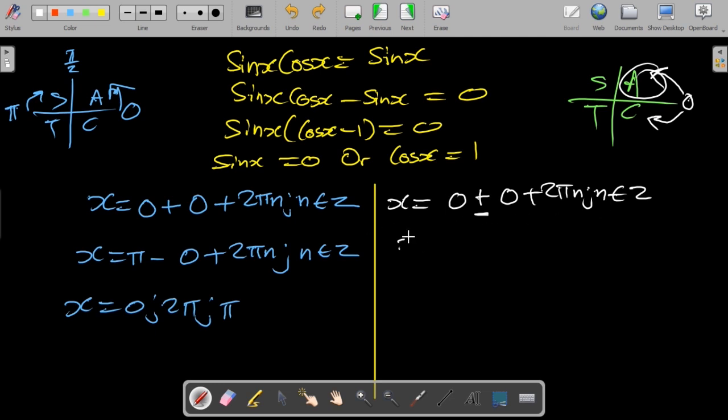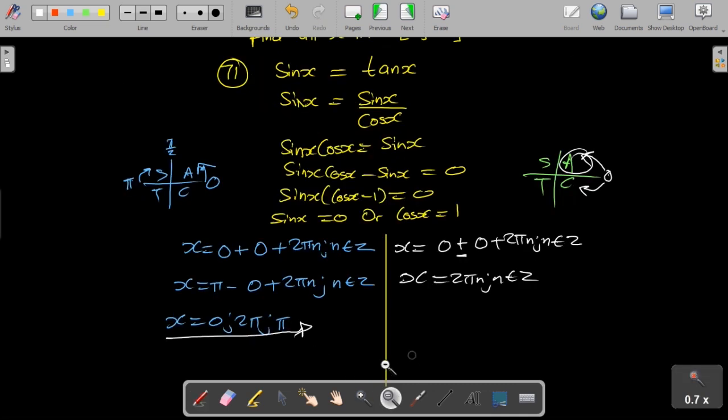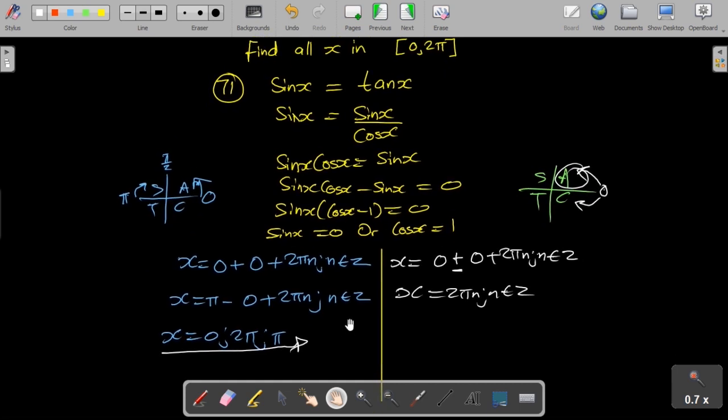So in any case, this is just 2 pi n, and n is an integer, and we can only substitute a 0 there to get an x of 0, but we already have that as a solution. So these are all the x values which we can get, which are between 0 and 2 pi, using this equation. And that is how you'd solve this.